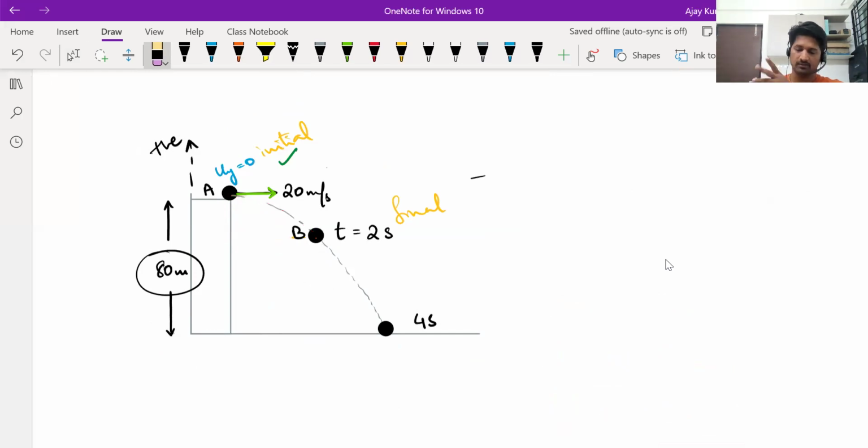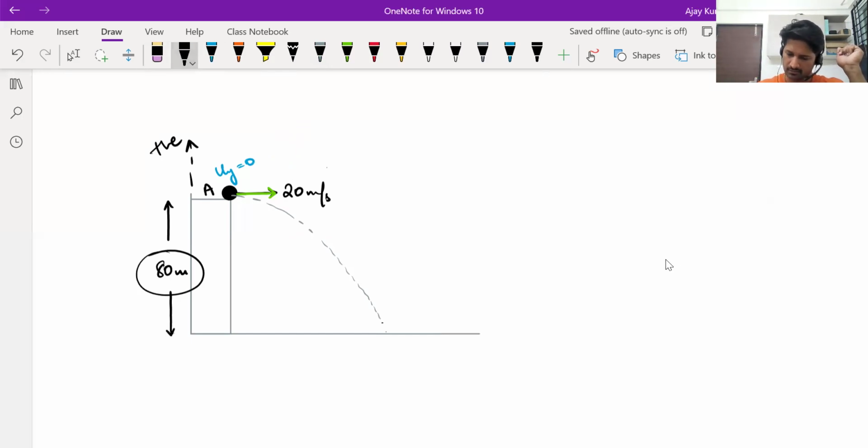Most of the questions, you will have to make use of the fact that you can split the velocity vectors into components, and only one component we are considering to answer most of the questions. So that is an important idea to keep in mind while solving questions based on motion in a plane. Be it projectile motion or just any object moving in a plane, components are very important. So we know what it does at 2 seconds, and we know when it falls to the ground also.